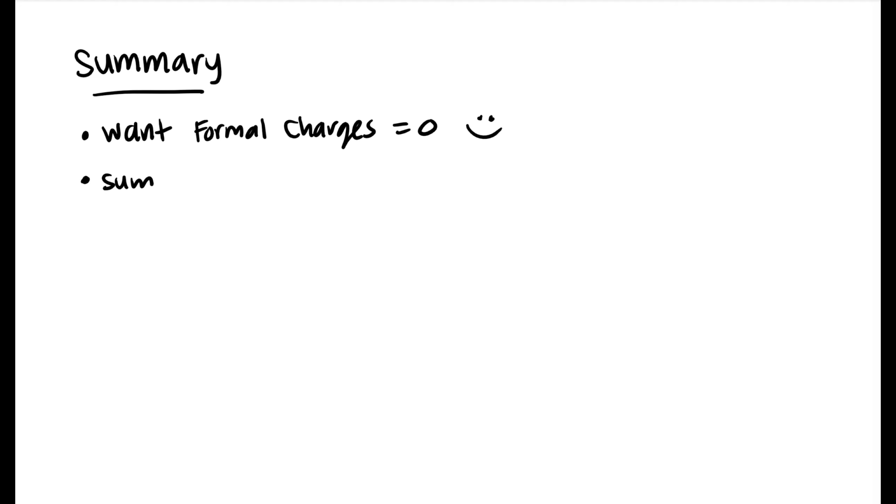The sum of all the formal charges of the atoms has to equal the charge of the molecule. So if you have a neutral molecule, it has to be equal to 0. And if you have a polyatomic ion, it has to be equal to the charge of that polyatomic ion.